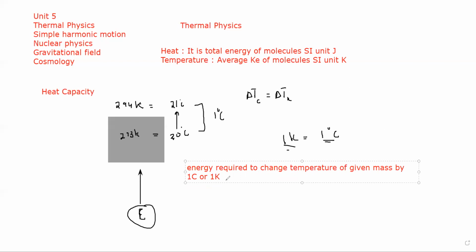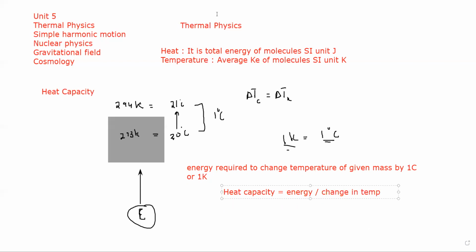So the formula to calculate the heat capacity or thermal capacity is equal to the energy supplied or removed divided by the change in temperature.